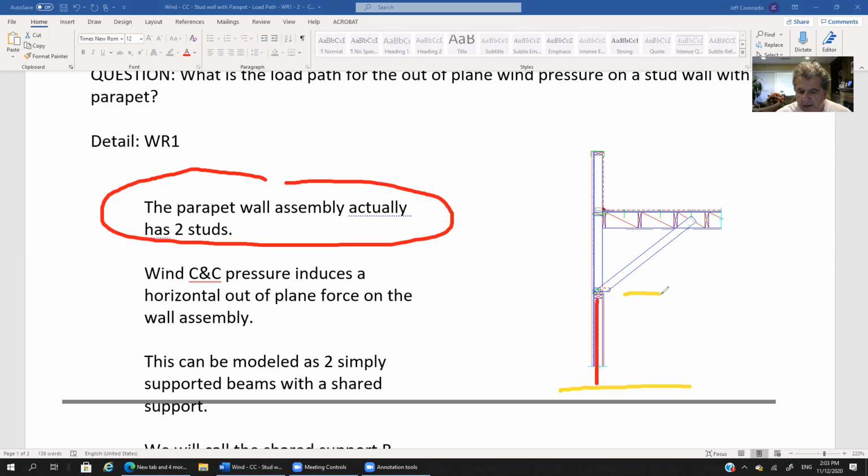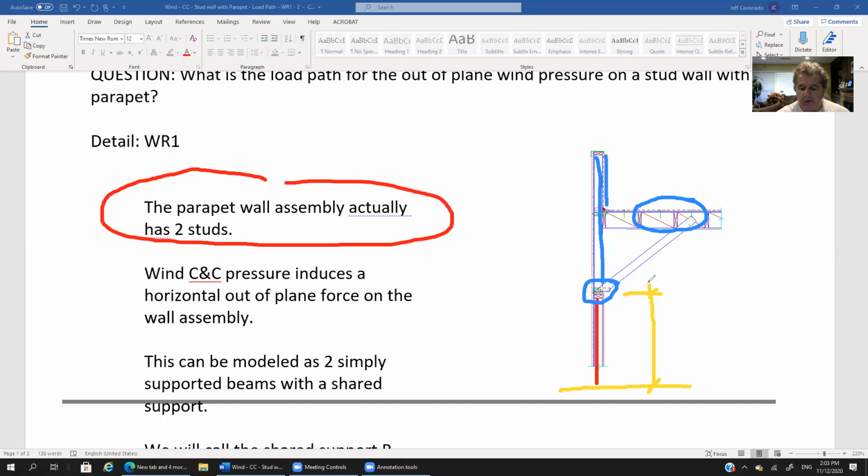But right here is a double top plate. And so here's the floor. And so here's one stud element. And then let me use blue to show the other stud. So there's another stud that goes from the double top plate past the roof assembly, and it creates this parapet up here.